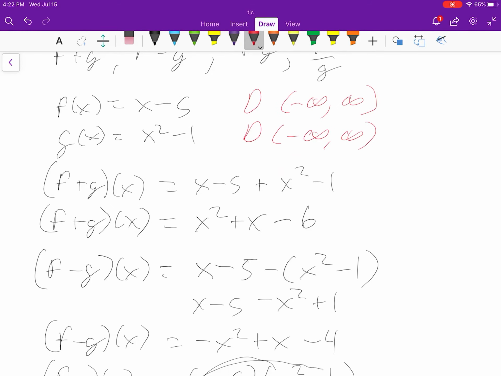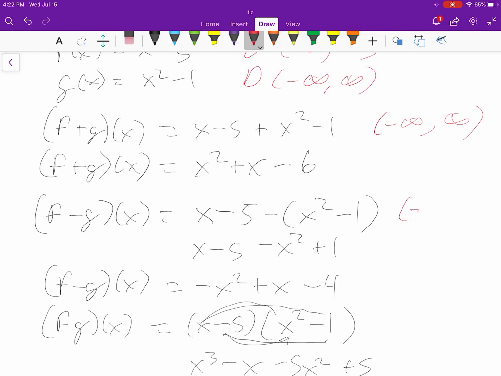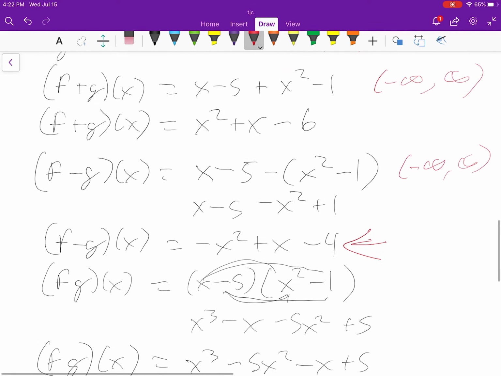So then if we look at f plus g, since if you're adding two polys together, you're going to get a poly. And the domain of polys are all real. So when you're adding two polys, you're going to end up with all real numbers. What about subtracting two polys? Again, it's all real numbers because you end up with the poly itself way down here.